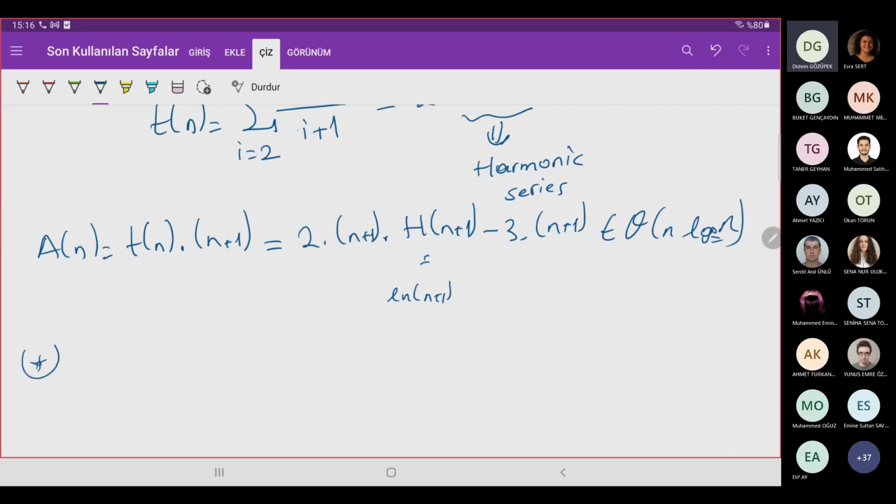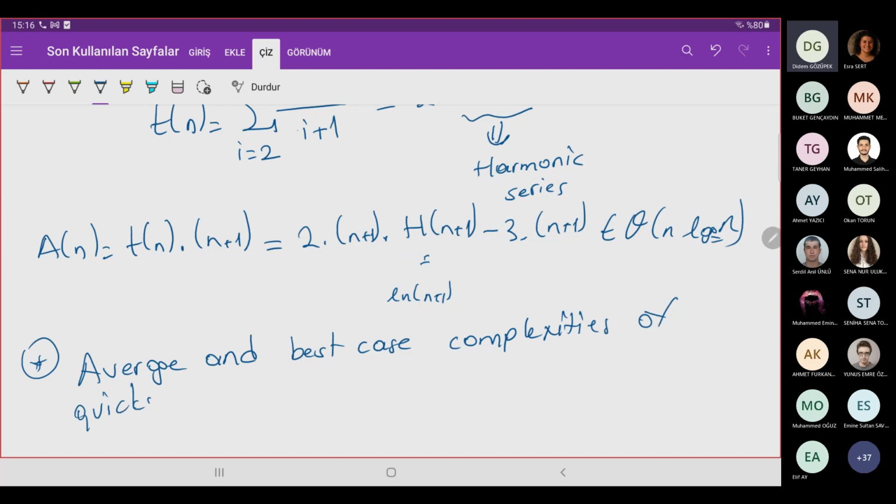So average and best case complexities of quicksort are very close to each other.